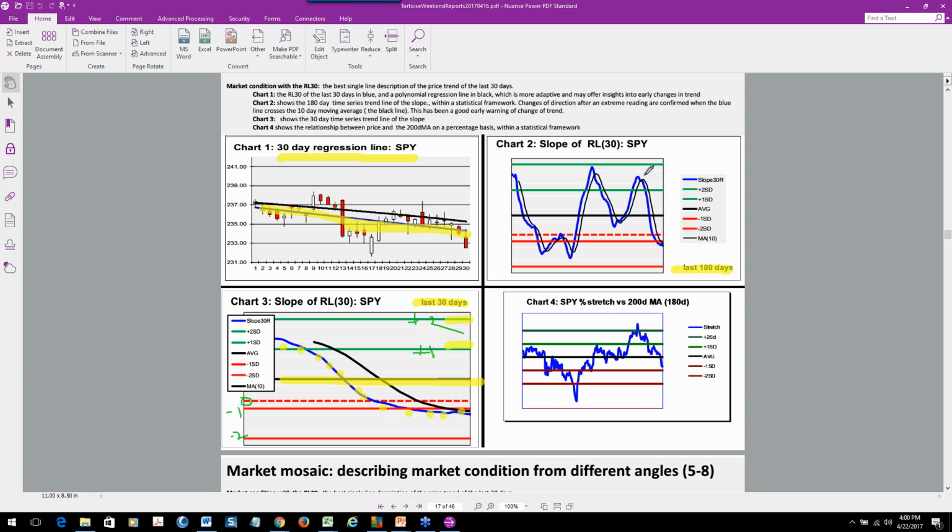Now here's what we notice on this, the last 30 days. The important one really is this one here, the slope compared to the last 180 days. Here's what we find. When you take a look at the 180-day average of slope, and then you look at the moving average of slope, whenever you have these turning points, so the blue line is the moving average of slope, and then this black line is the 10-period moving average of the blue line.